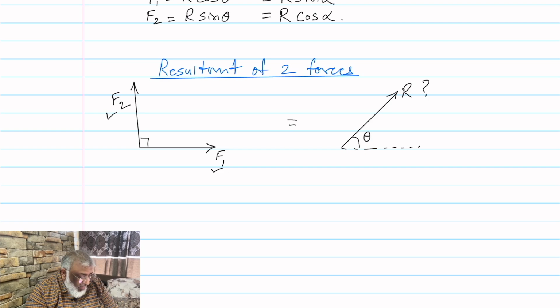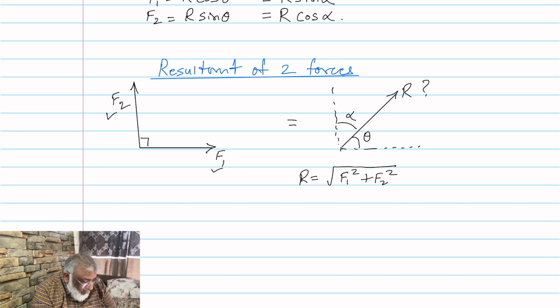Now note that we can find out the angle of the resultant with the horizontal also and with the vertical also. It depends upon which angle we want to find out. Let us learn the formula to find out both the angles. Okay, so we know the value of F1 and F2. In this case, the value of the resultant is given as under root of F1 square plus F2 square.